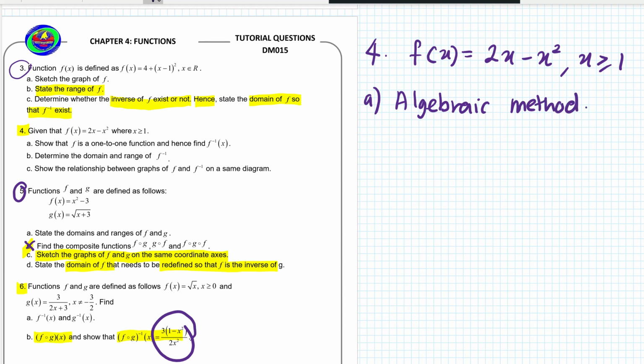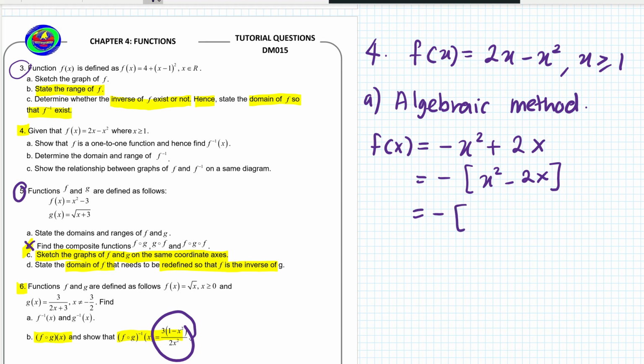Before we go to the algebraic method, first I want to do completing the square. If we have a quadratic function, we must do completing the square before we show that it is a one-to-one function. So we have negative x squared minus 2x.